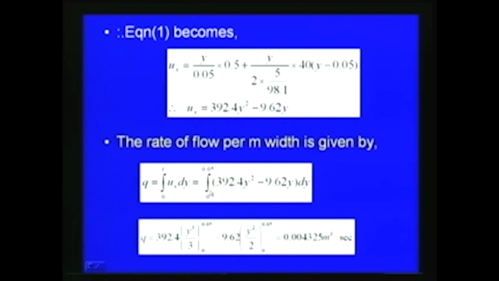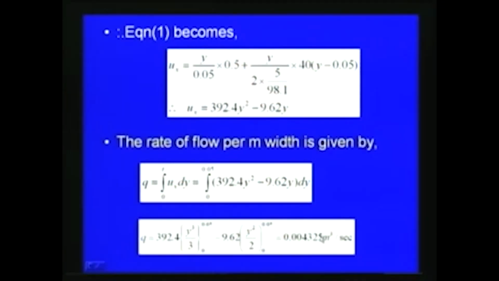So we integrate from 0 to 0.05 the velocity 392.4 y square minus 9.62 y dy. That gives the rate of flow per meter width as 0.004325 cubic meter per second.